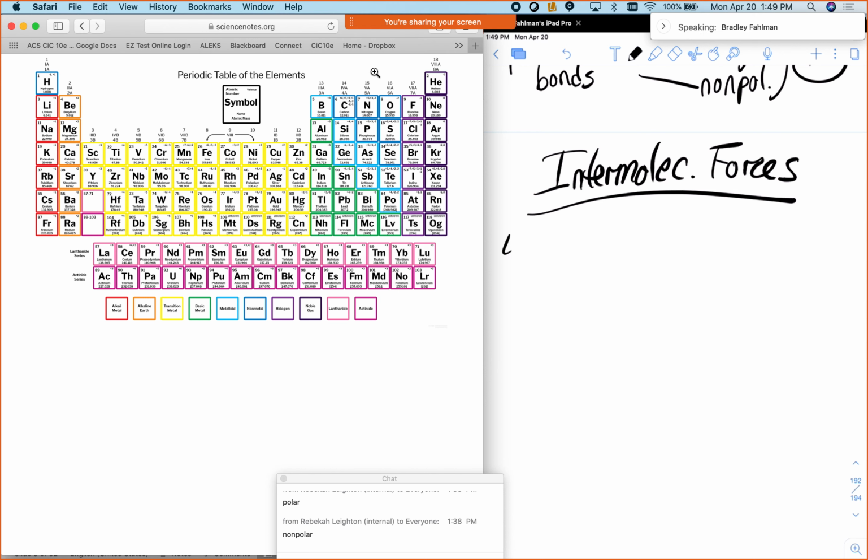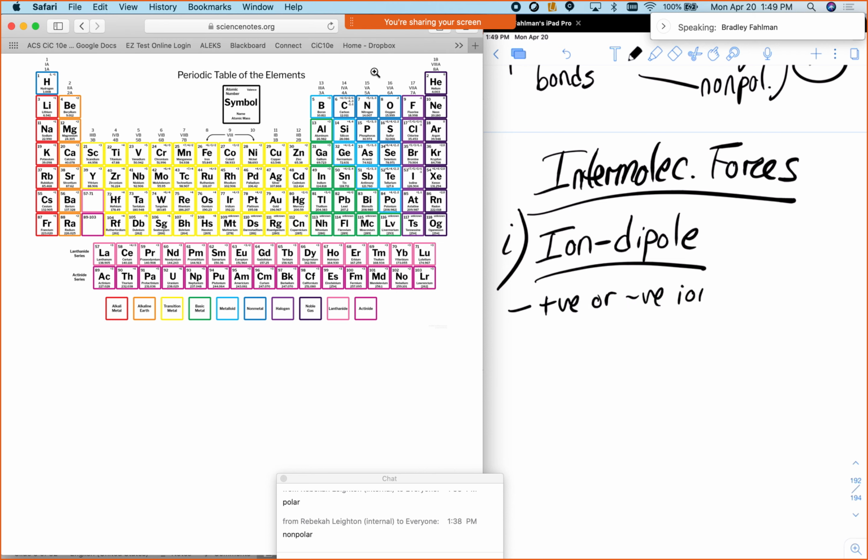There are a few of these. The first one we have is an ion dipole force. This is between either a positive or negative ion and a polar molecule.